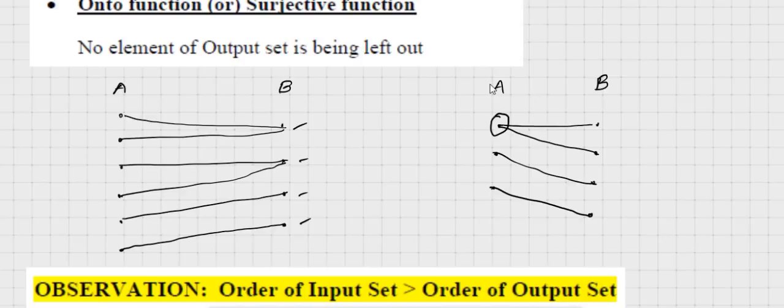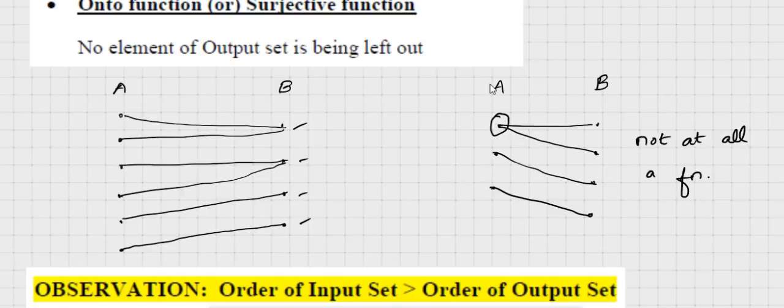This element is having 2 outputs, so it is not at all a function. So for an onto function to be defined between 2 sets, the condition is the order of input set must be greater than the order of output set.